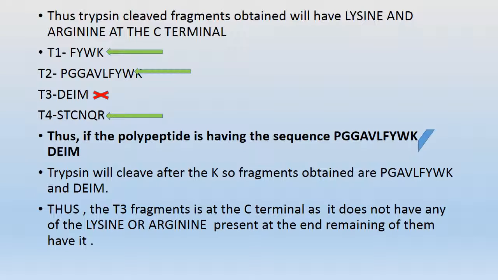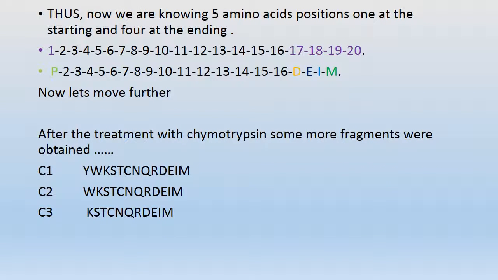It would be a very big fragment, but here we are getting a small fragment without lysine and arginine. It means that this is at the C terminal end. So now we know 5 amino acid positions of the 20. First is proline, and at positions 17, 18, 19 and 20 we have D, E, I, M amino acids respectively.